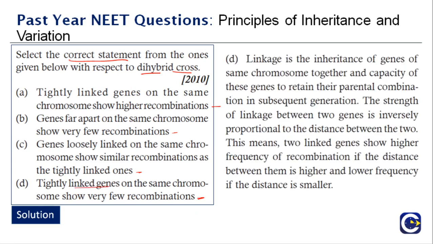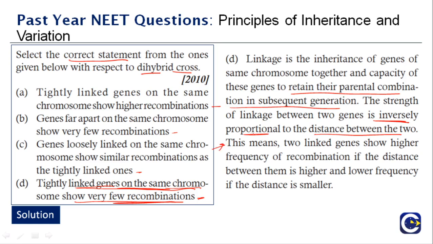So the tightly linked genes on the same chromosome show very few recombinations, and we have already discussed it a lot of times in part 1 and part 2 in different kinds of questions. Linkage is the inheritance of genes of the same chromosome together and the capacity of these genes to retain their parental combination in subsequent generations. The strength of linkage between two genes is inversely proportional to the distance between the two.